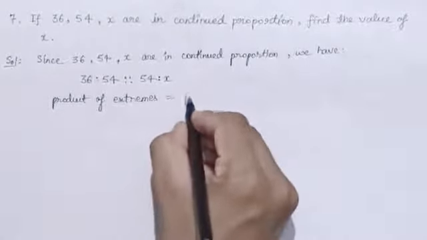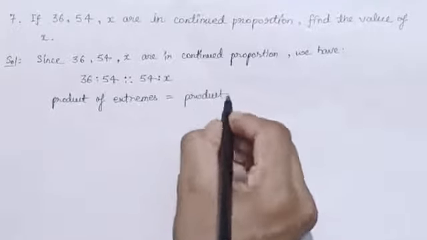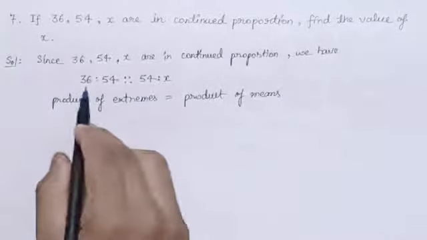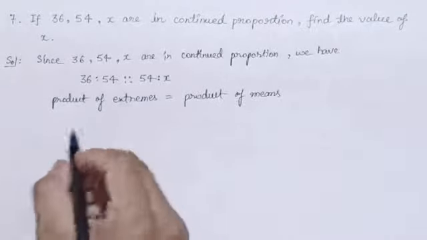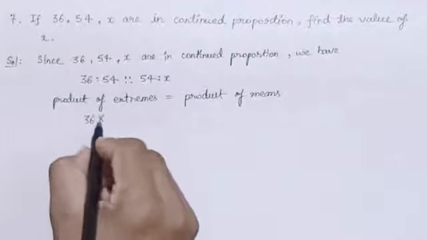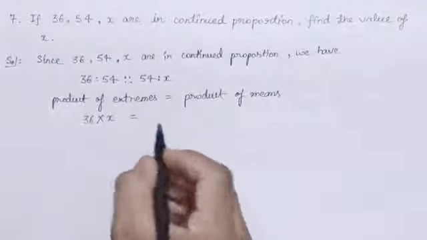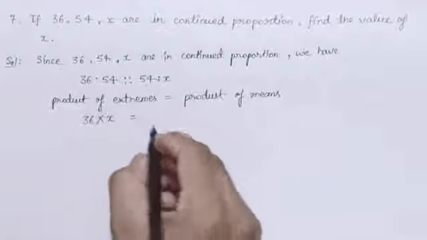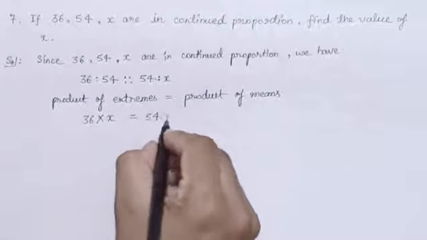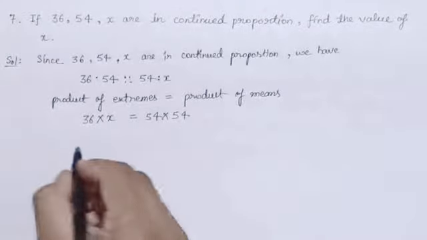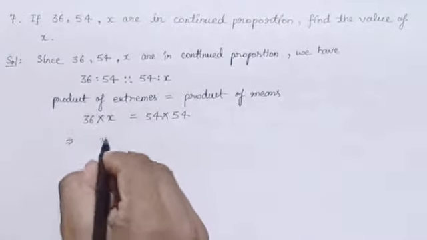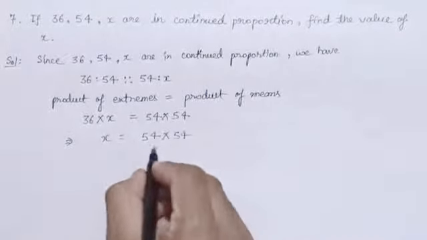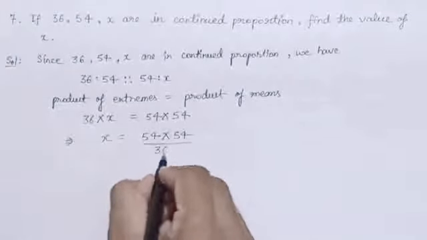is equal to product of means. Now here you can see the extremes are 36 and x, so we can write 36 into x is equal to product of means. Here the means are 54 and 54, so we can write 54 into 54. It implies that x equals 54 into 54 divided by 36.